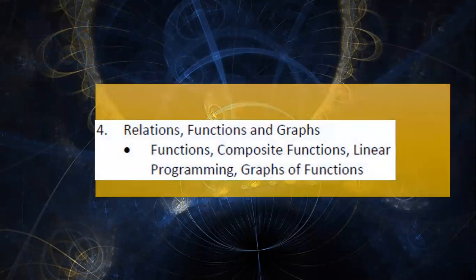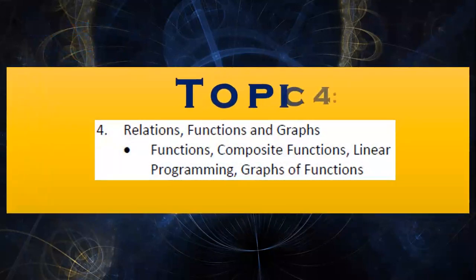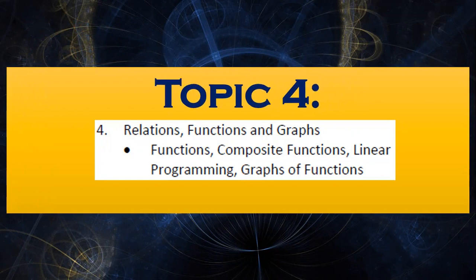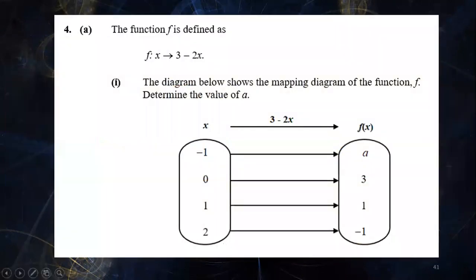So we're going on to topic 4, relations, functions, and graphs, functions, composite functions, etc. The function is defined as f of x maps onto 3 minus 2x. Right away, don't forget, this is the same as saying f of x is equal to 3 minus 2x, right?